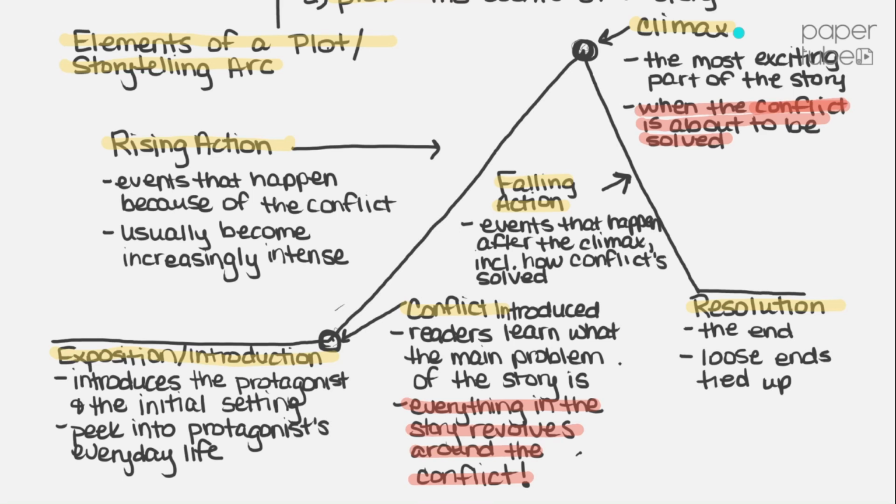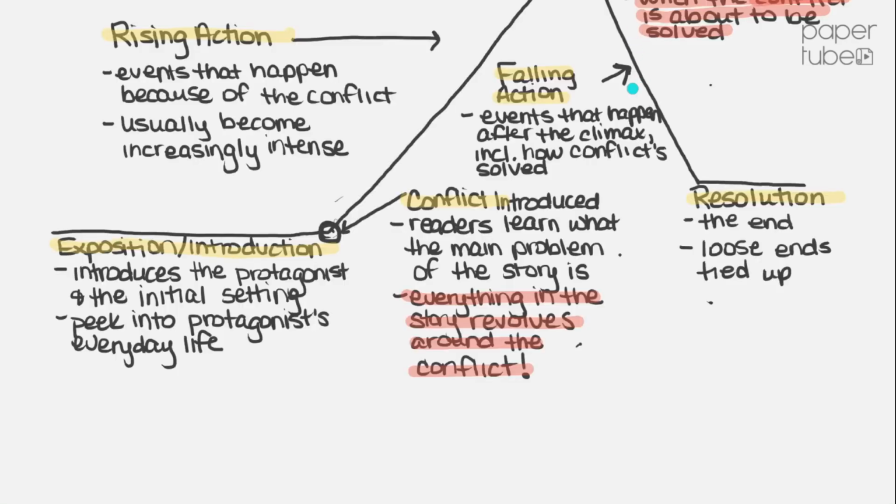It's when we're not sure whether the problem will be solved or not. So if you think about it, if we're thinking about like Harry Potter again, when Harry Potter is fighting Voldemort at the end of the story, that's what everything has been building up to. It's the most exciting part, and it's exciting because we aren't 100% sure which way the conflict will be solved.